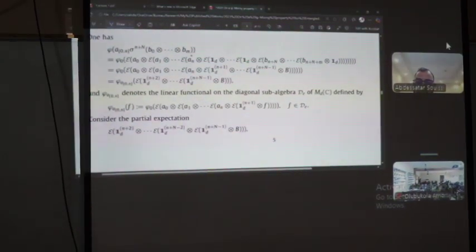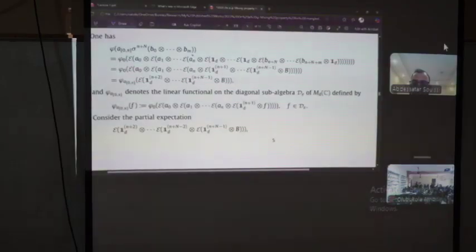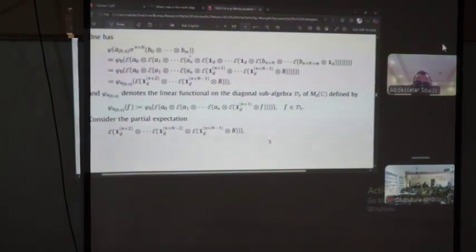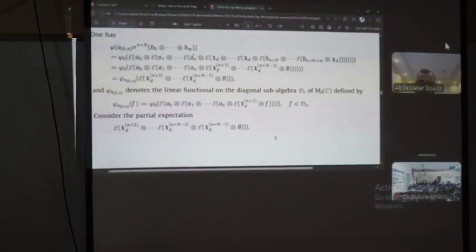this form that says that E of identity tensor B, for B any element.